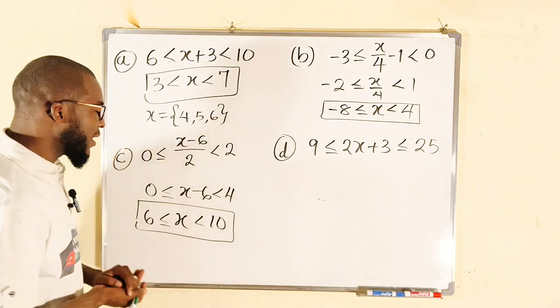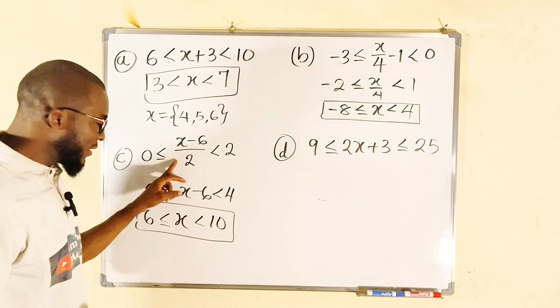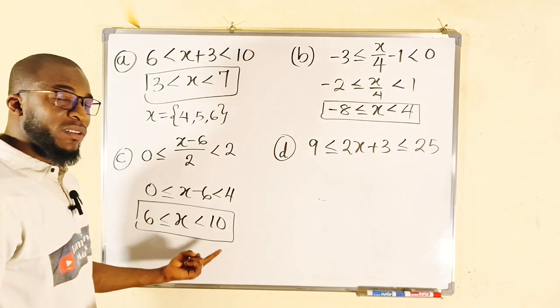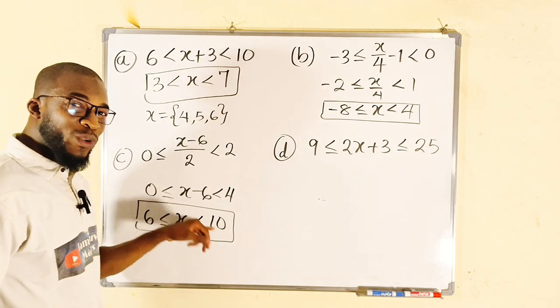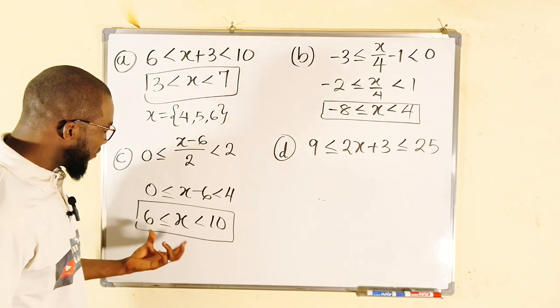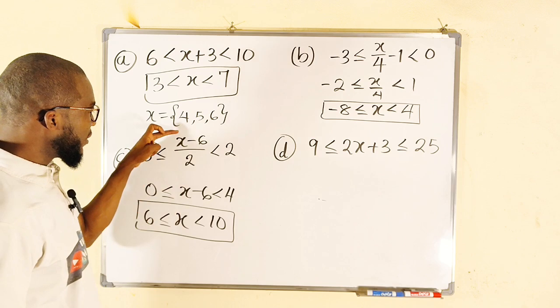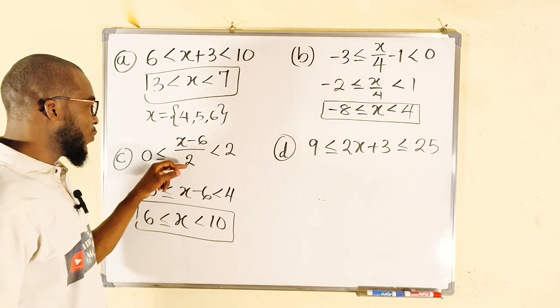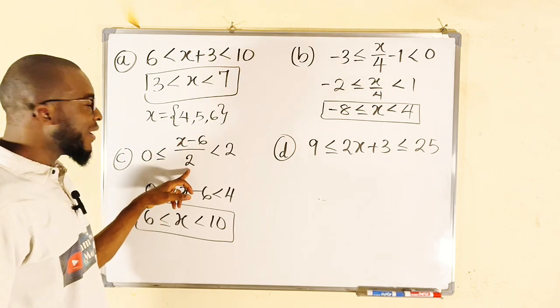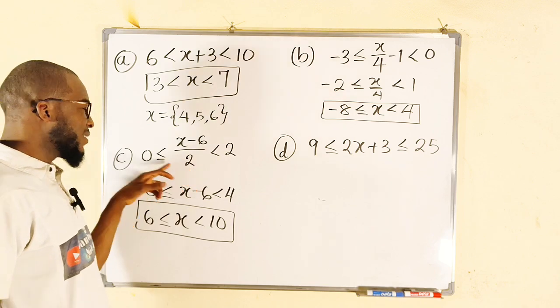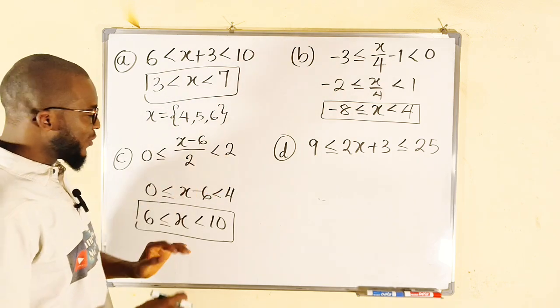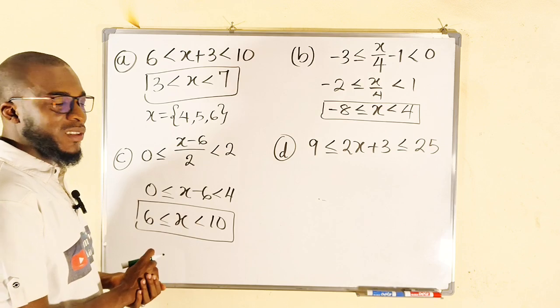So the value of x that can satisfy this inequality is from 6 to 10, including 6 but excluding 10. You can choose a value like 7. 7 minus 6 is 1. 1 divided by 2 is 0.5. 0.5 is greater than 0, but it's less than 2. So all values within this range will satisfy.